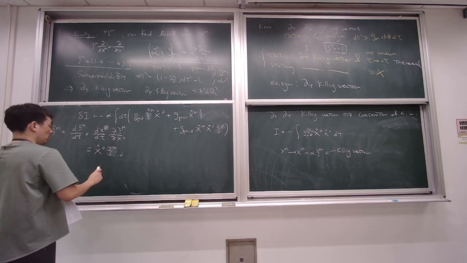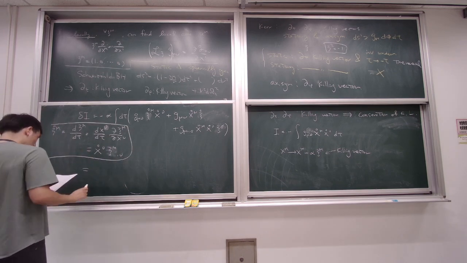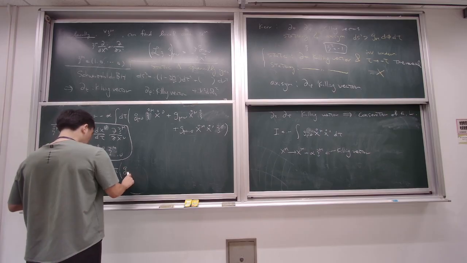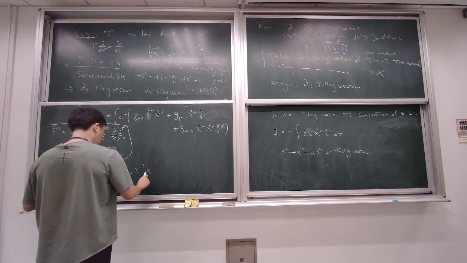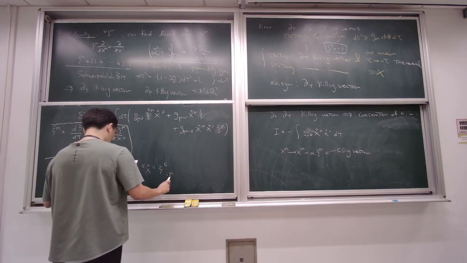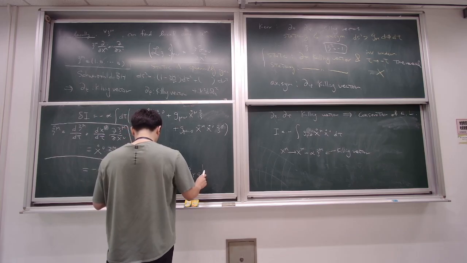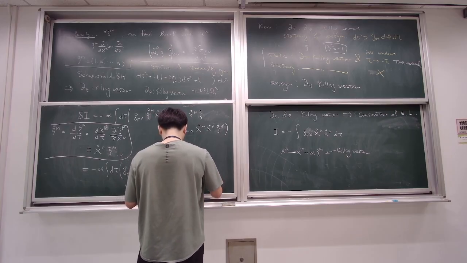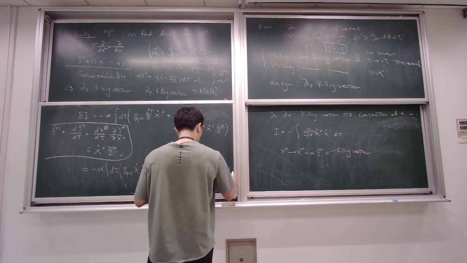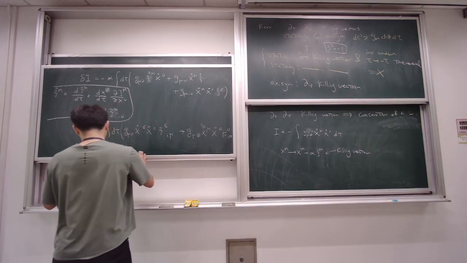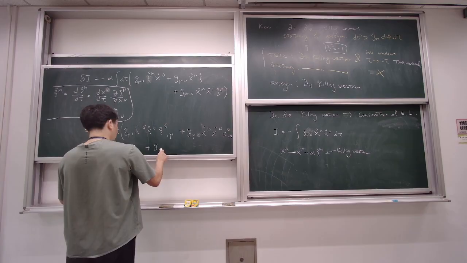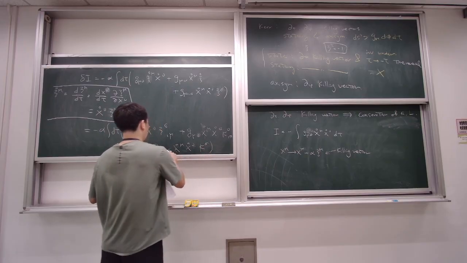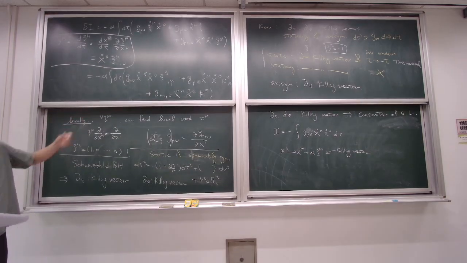Plug that into here, and what you get is minus alpha d tau, g mu nu x dot sigma x dot nu xi sigma,mu plus g mu sigma xi x dot mu x dot sigma, and the last term is g mu nu,sigma x dot mu x dot nu xi sigma. So that's the manipulation.